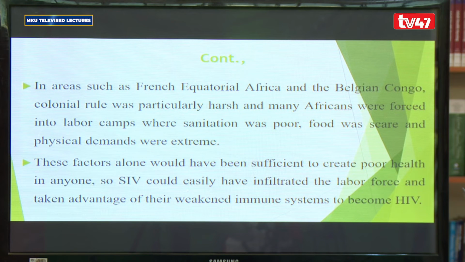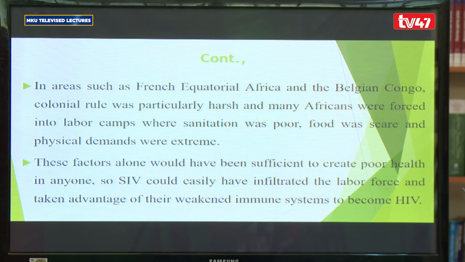In areas such as French Equatorial Africa and the Belgian Congo, colonial rule was particularly harsh, and many Africans were forced into labor camps where sanitation was poor, food was scarce, and physical demand was extreme.